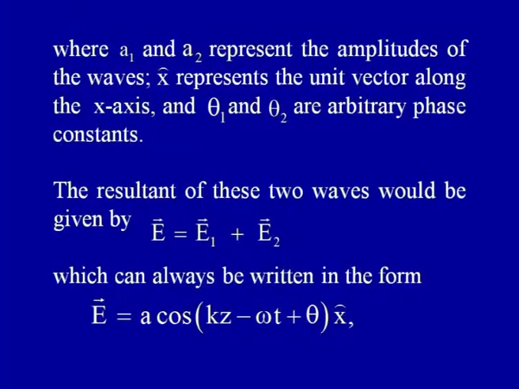The resultant of these two waves would be given by just the vector addition. So, E is equal to E1 plus E2.